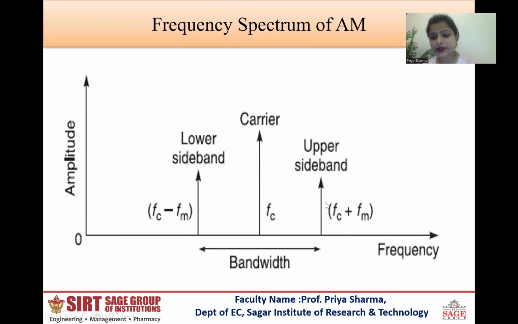The upper sideband has a frequency of fc plus fm, that is the addition of both the frequencies, the frequency of the carrier and the frequency of the message signal. The lower sideband is the difference of the frequency of the carrier and the frequency of the message signal. The bandwidth is given as upper sideband minus lower sideband, so it comes out to be twice fm, that is twice the frequency of the message signal.